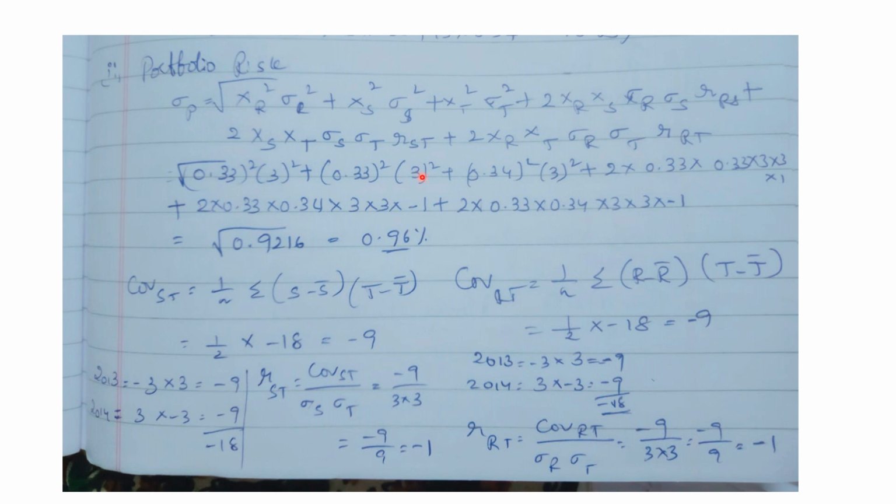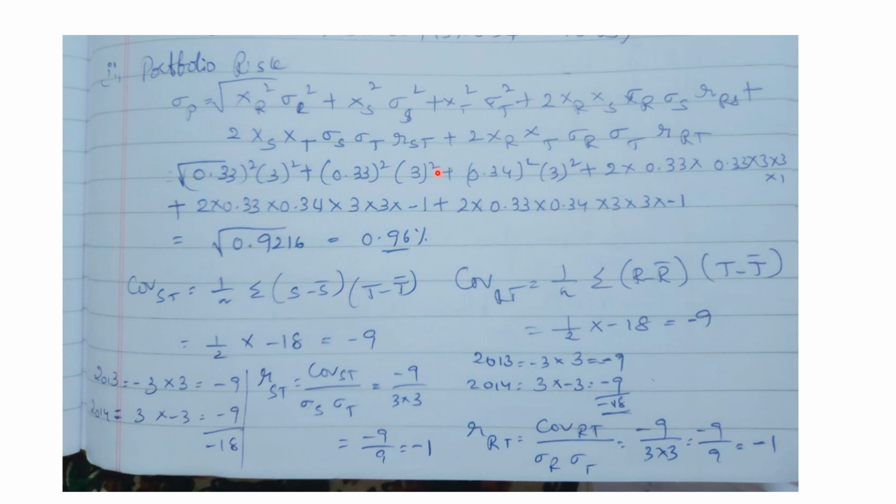So in this way you are finding out the relationship of all the given stocks. Here we have 3 stocks, so the relationships between the 3 stocks are being taken in the Markowitz model.